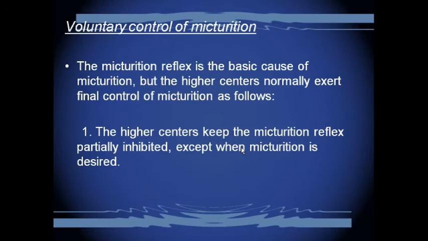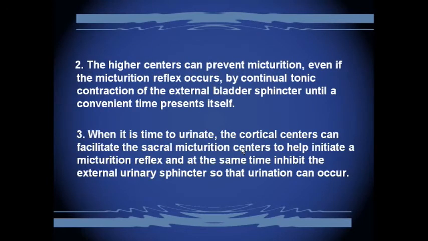So voluntary control of micturition is the basic cause of micturition, but the higher centers normally exert final control. However full the bladder is, in a neurologically intact person we can withhold micturition as much as possible till we find a suitable, desired place. The higher centers, as I told, can prevent micturition.